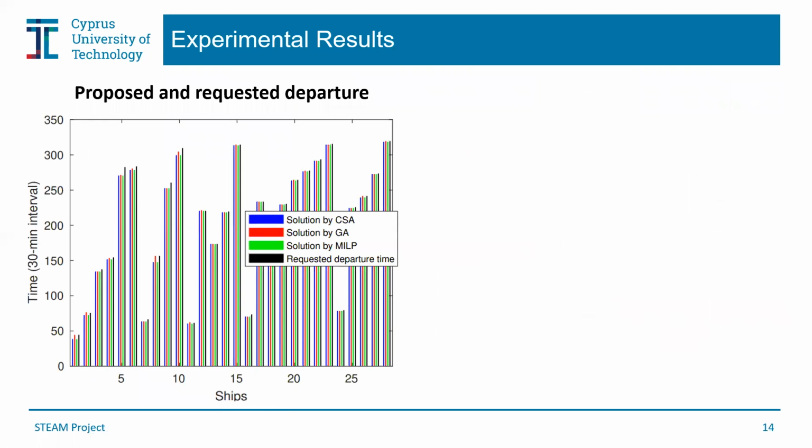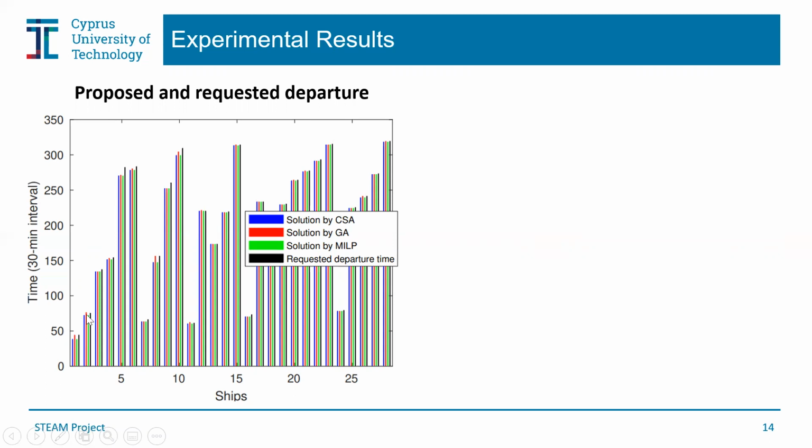You can see here the departure time proposed by 3 different algorithms, and the requested departure time. The blue line shows the solution by Cuckoo search algorithm, the red line shows the genetic algorithm, the green line shows mixed integer linear programming, and the black line is the requested departure time, which is given by shipping companies. You can see all the ships depart before the requested departure time, except only one ship, ship number 2.